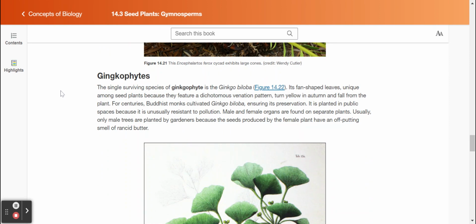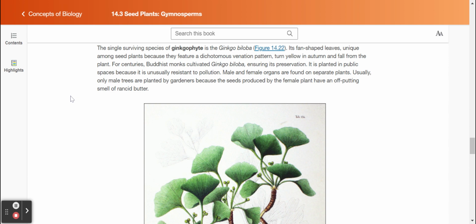Ginkgophytes. The single surviving species of ginkgophyte is the Ginkgo biloba. Its fan-shaped leaves, unique among seed plants because they feature a dichotomous venation pattern, turn yellow in autumn and fall from the plant.